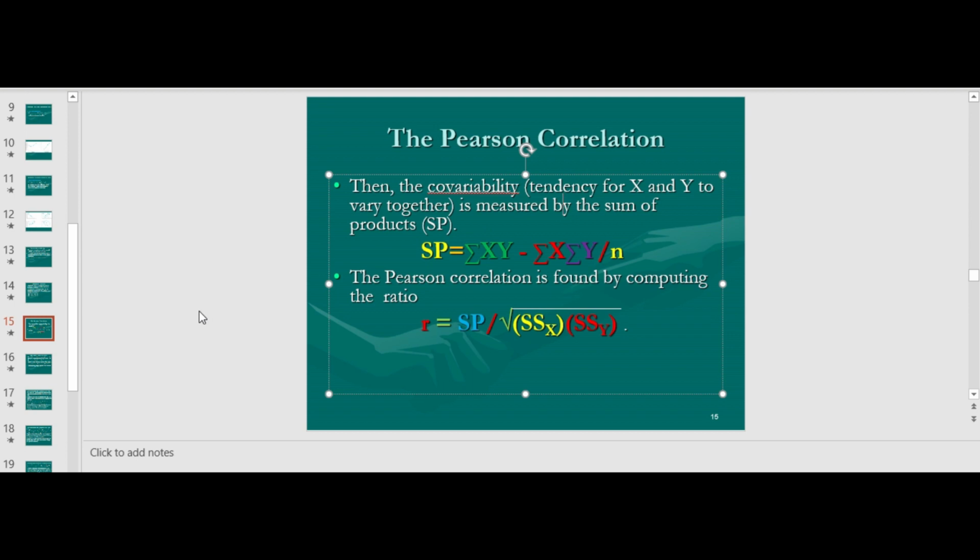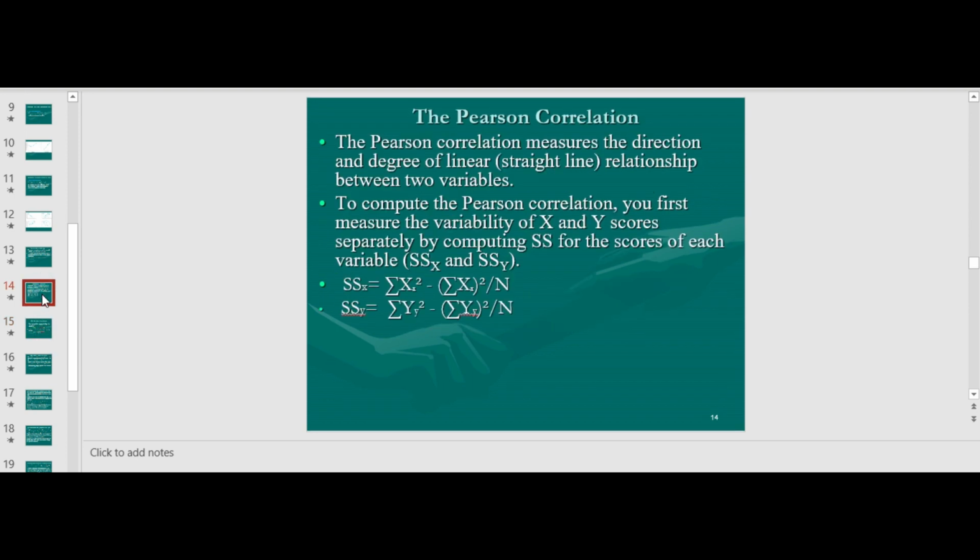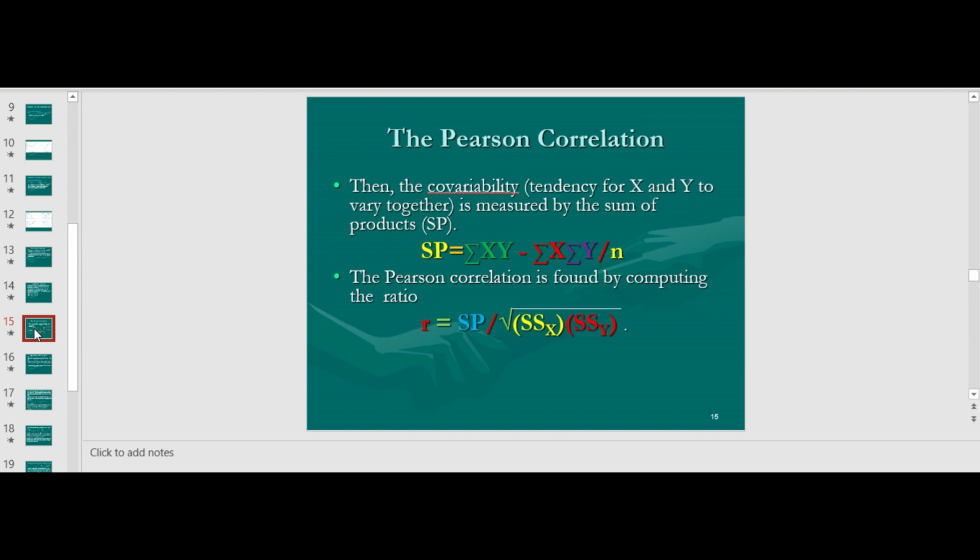When we calculate the separate variability in the two variables and the covariability between the two variables, then we calculate the Pearson correlation with this formula.